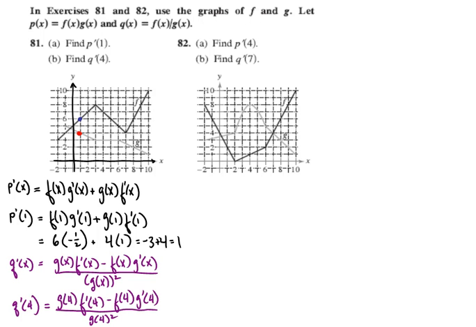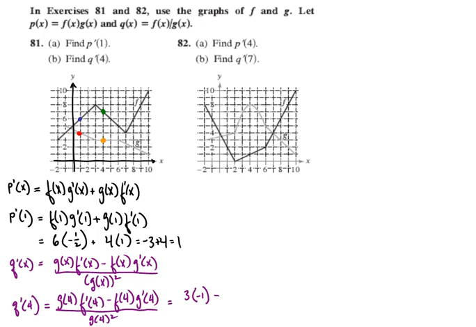So here we're interested in the values and the slopes of f of x and g of x when x is equal to 4. And we can see that g of 4, the value of the g function when x is equal to 4, is 3. F prime of 4, the slope of the f curve when x is equal to 4, is negative, because it's coming down, down 1 over 1, or negative 1.